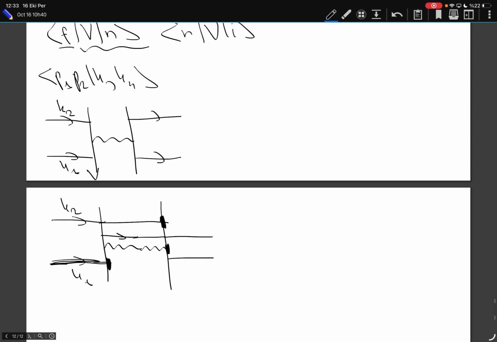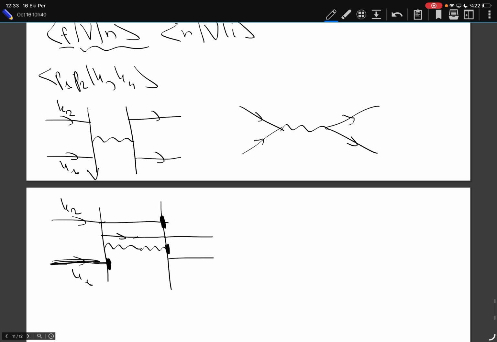Now, for those who have seen some Feynman diagrams or would like to compare these two cases to quantum electrodynamics, you can say that one is the annihilation diagram. An electron and positron will annihilate each other, and then the photon will create an electron and a positron.